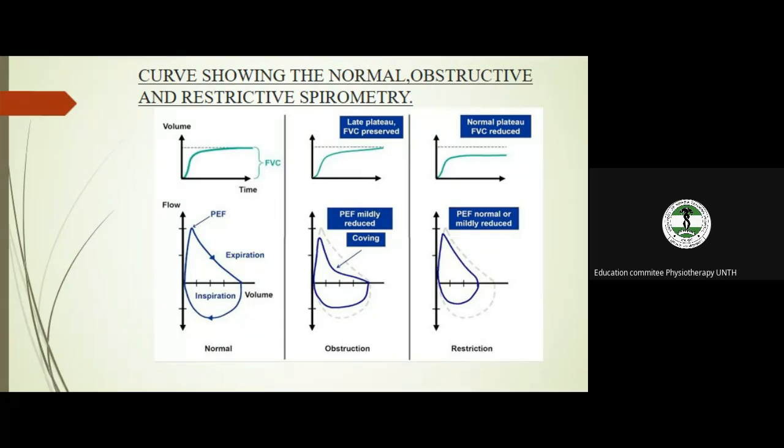Then we can see from the curves showing the normal, obstructive and restrictive lung spirometry. You see the volume curve and you see the time curve. Then you can see that the PEF is mildly reduced.